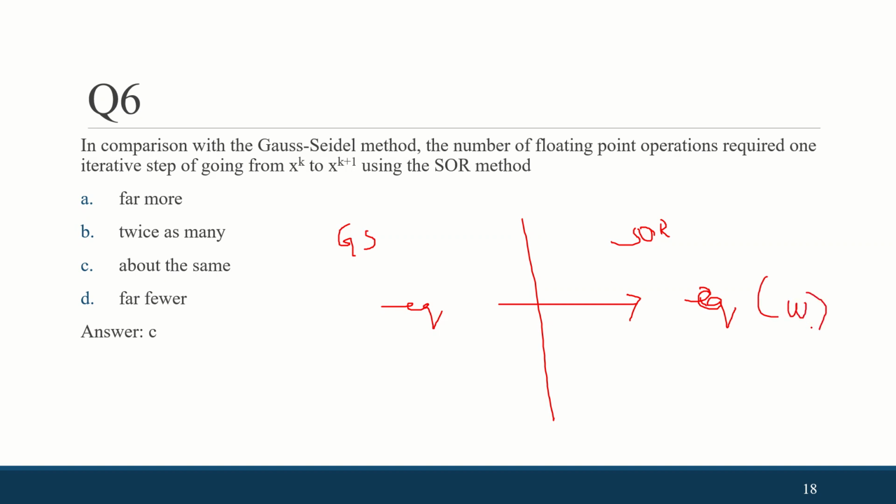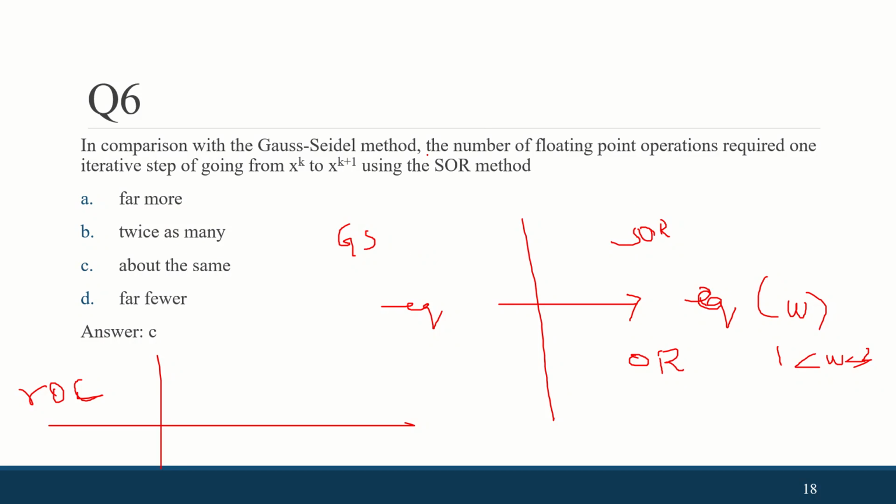This omega would be between 1 and 2 for over relaxation. In the previous slide we have seen how the rate of convergence varies for Gauss-Seidel and SOR, because with Gauss-Seidel the rate of convergence would be slower than the SOR technique.